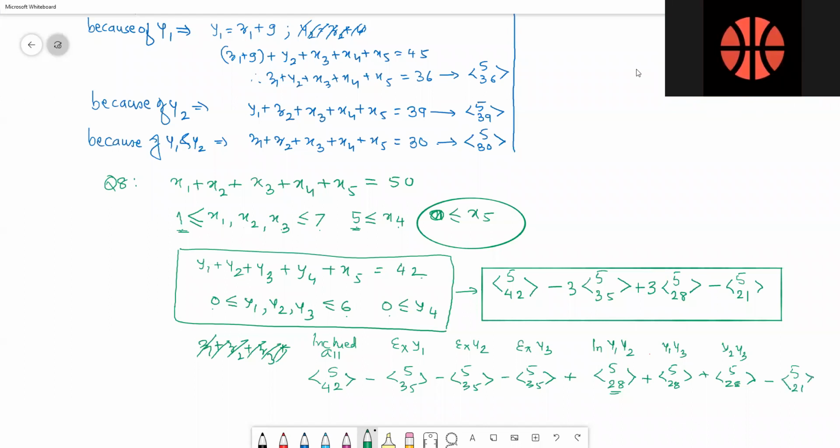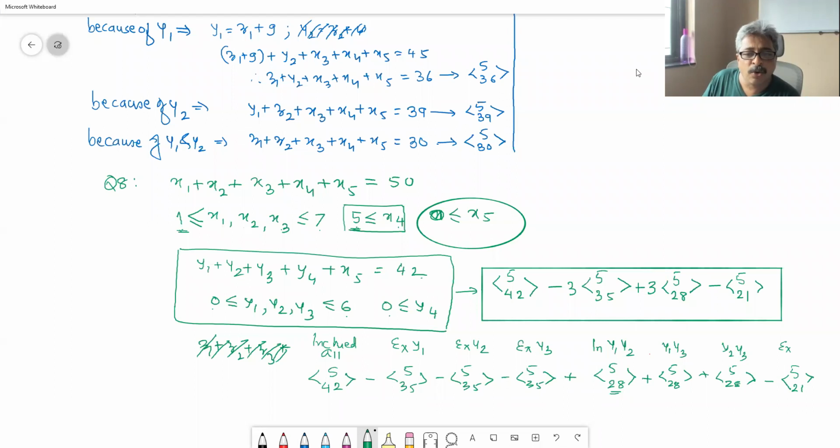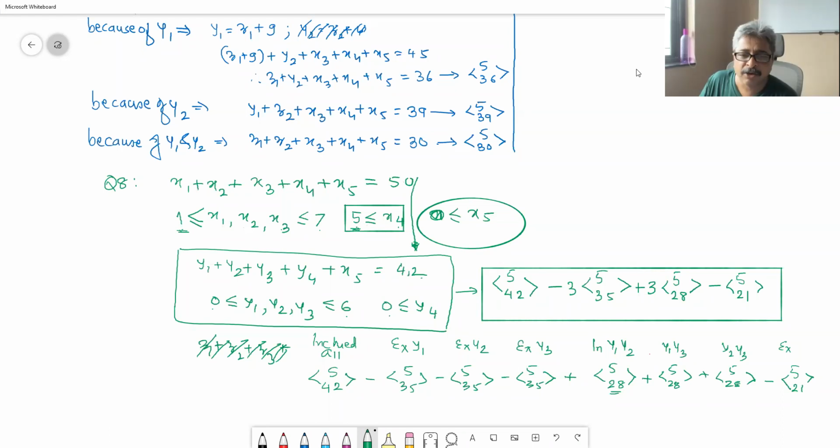But I'm asking, where did the x4 condition go? Means x4 is greater than or equal to 5. Therefore, it has gone from 50 to 42. We have taken care of this.